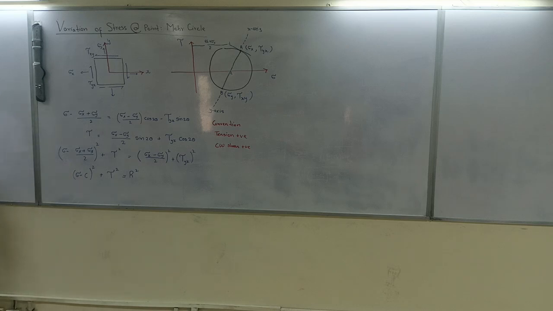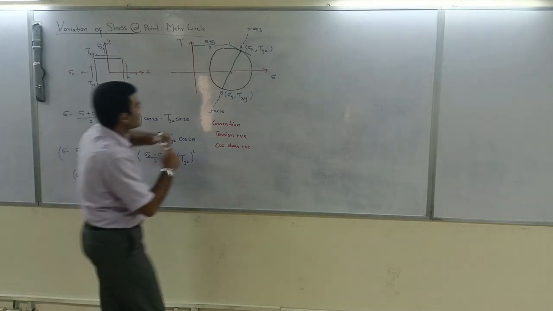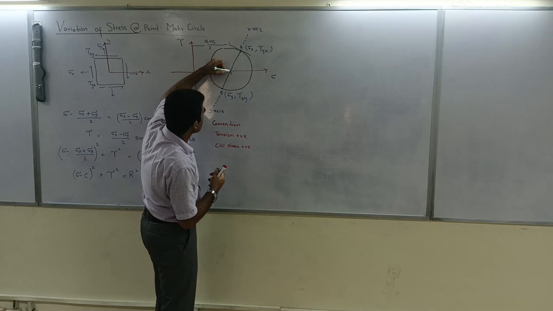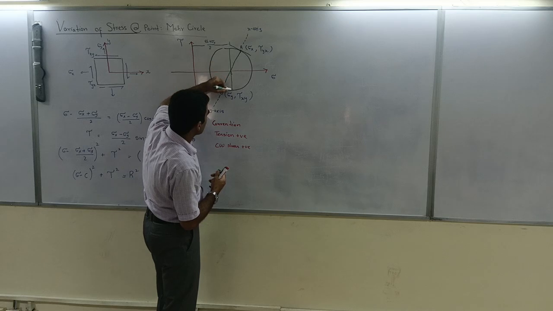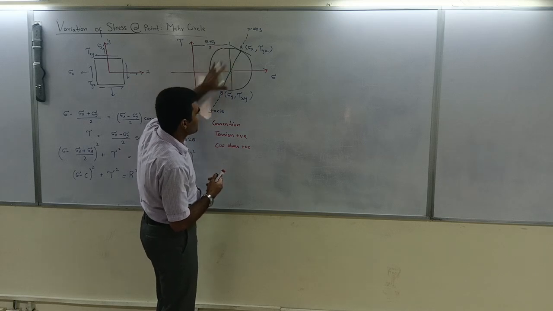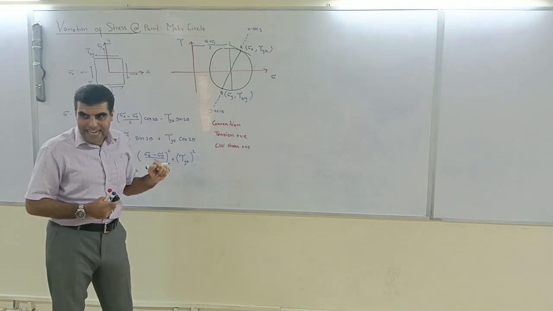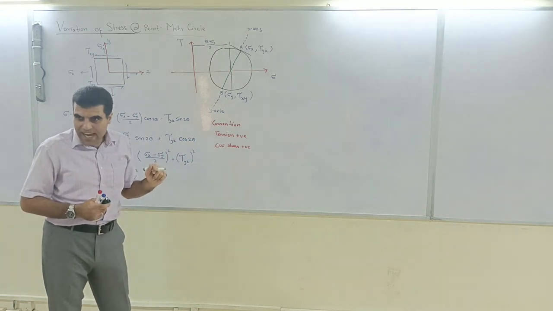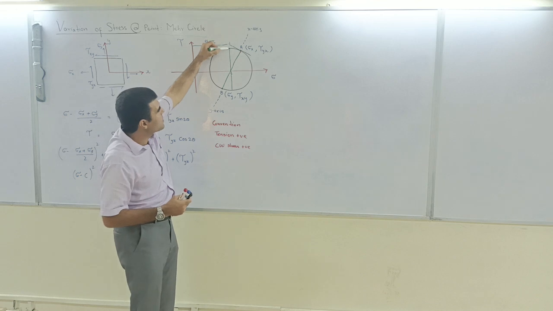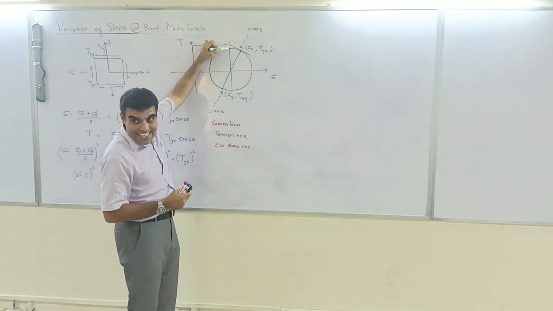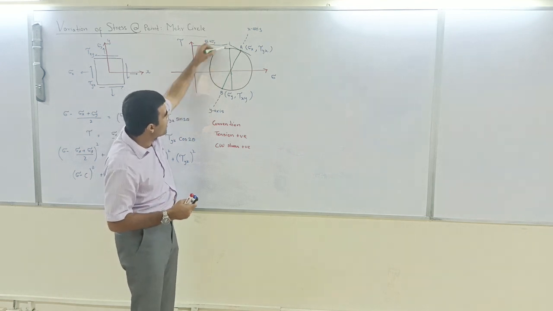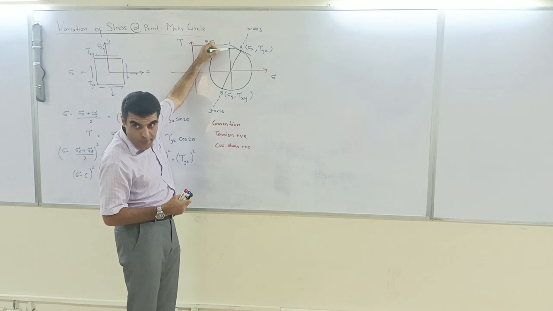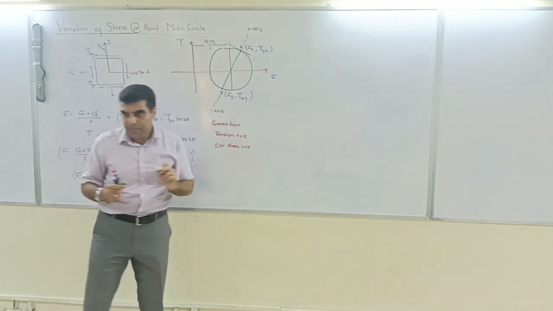The purely shear one is this. At these two axes you will have shear stresses, but there is an axial stress also. At these two axes you will have shear stress and you will have axial stress.